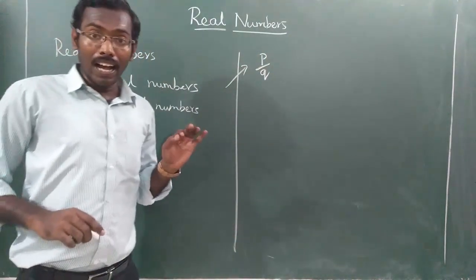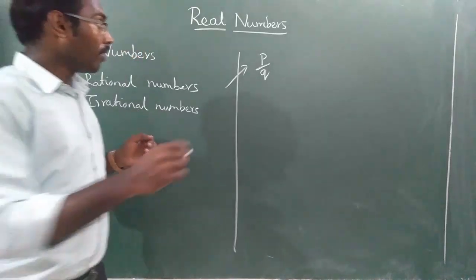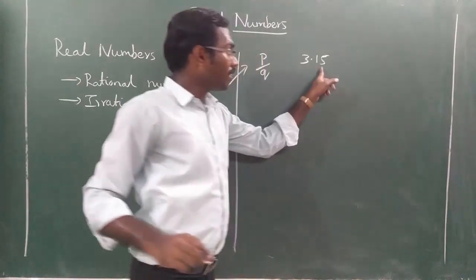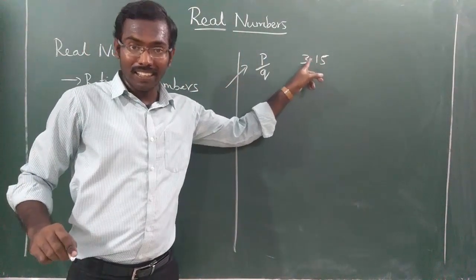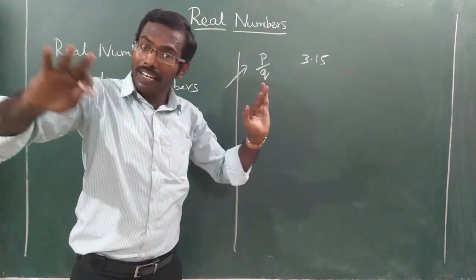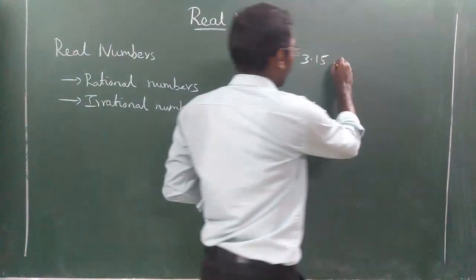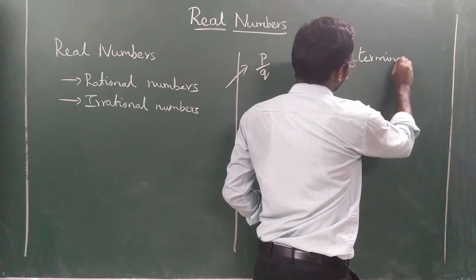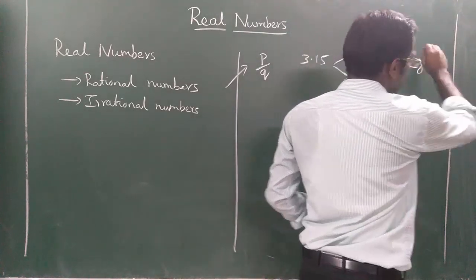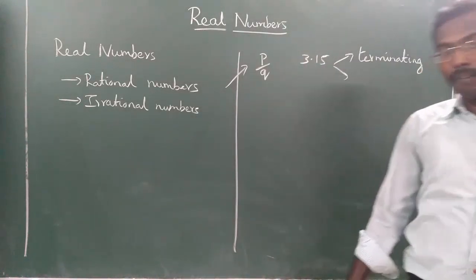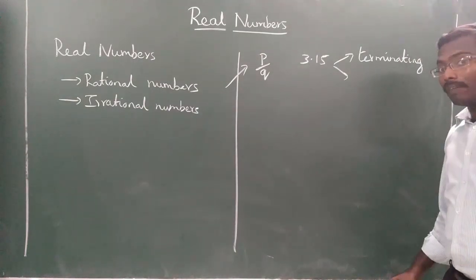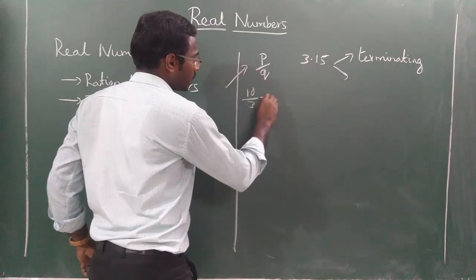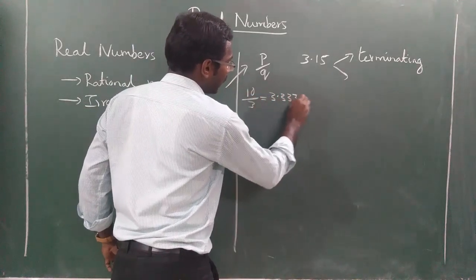And you know very well in decimal, for example, if a number is 3.15, this number already gets terminated, isn't it? With 15, the number is terminated. So you know very well, if a decimal number is terminating, that is also a rational number. Okay. Even if a number is not terminating, for example, 10 by 3, that is equal to 3.3333.